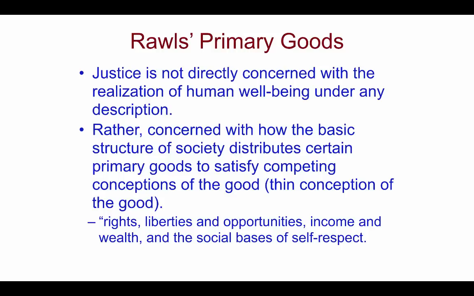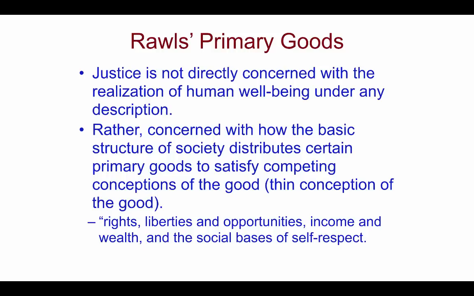Another criticism involves Rawls' set of primary goods. Essentially, his theory of justice just involves the distribution of primary goods. His theory of justice is not directly concerned with the realization of human well-being under any description.